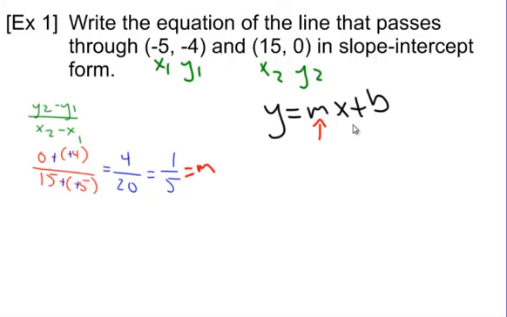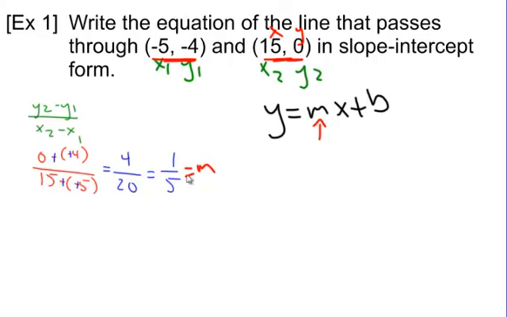So now, what do we do with the x and the y? Well, look here. Don't we have x's and y's right here? So we're going to choose one of them, not both of them, but one of them and solve. What I usually do is pick the easiest ones. I think 15 and 0 are easy. So since this is a y and this is an x, we're just going to take those and plug them into the y equals mx plus b form.